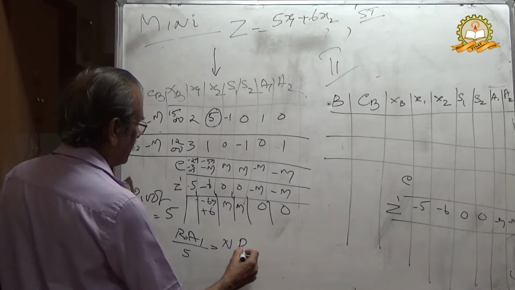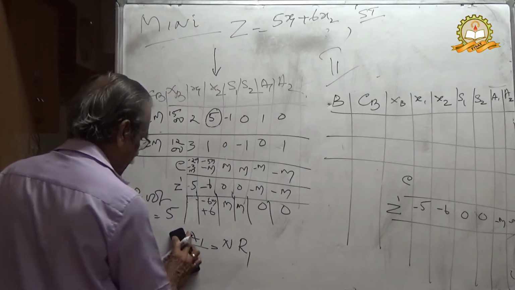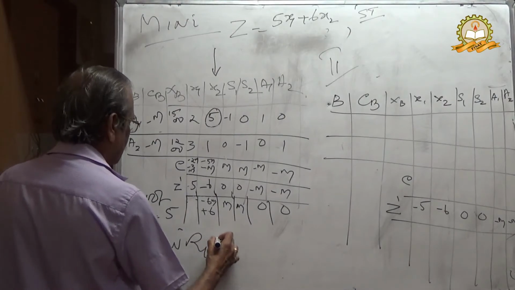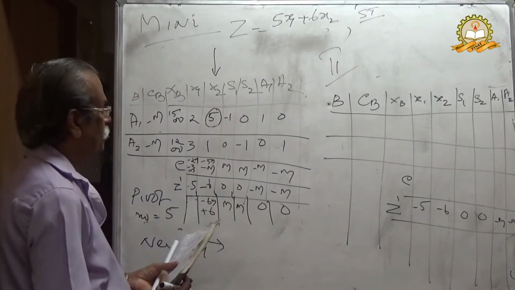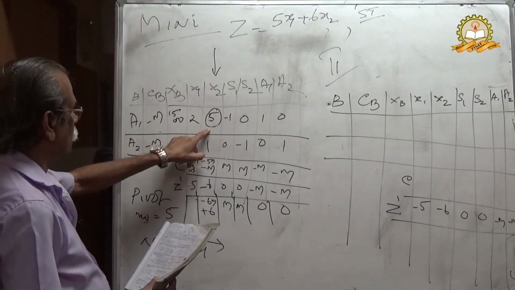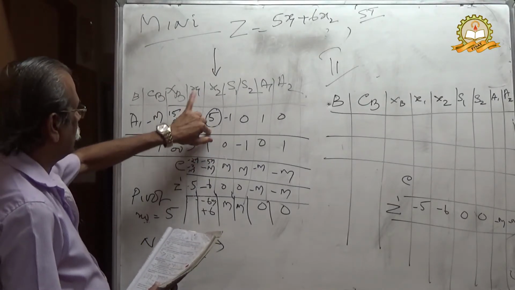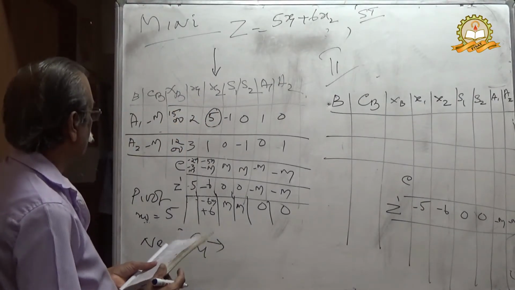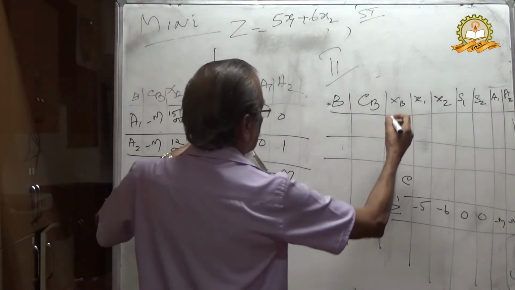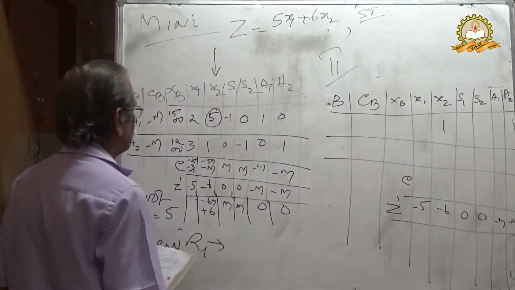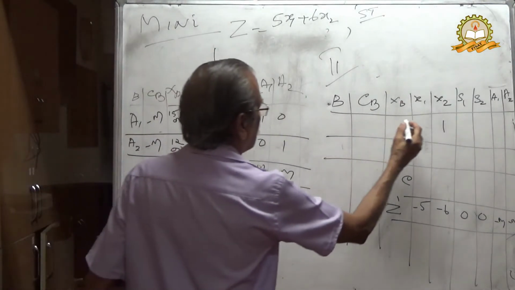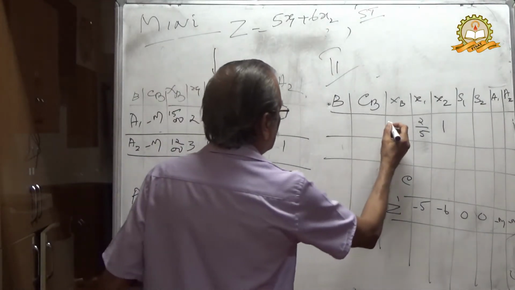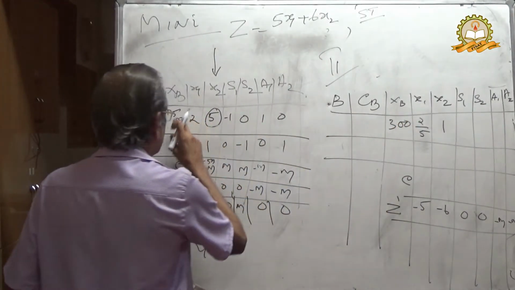New row R1. The value under column x2 is 5; make that into 1 initially. Under x2 you have 1. Then under x1 you have 2 by 5. Under XB you have 300, which is 1500 by 5.